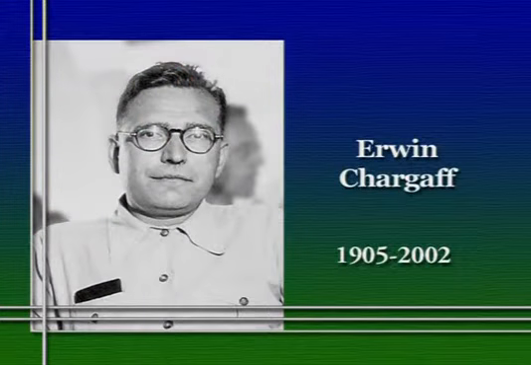Now, before we introduce Watson, I want to add another kind of clue. There was a scientist working at Columbia University named Erwin Chargaff, who had been for a number of years discovering a peculiar thing about DNA. What Chargaff found was that if you took the DNA from any organism and decomposed it, broke it down into its component nucleotides, you always found a quite interesting relationship.